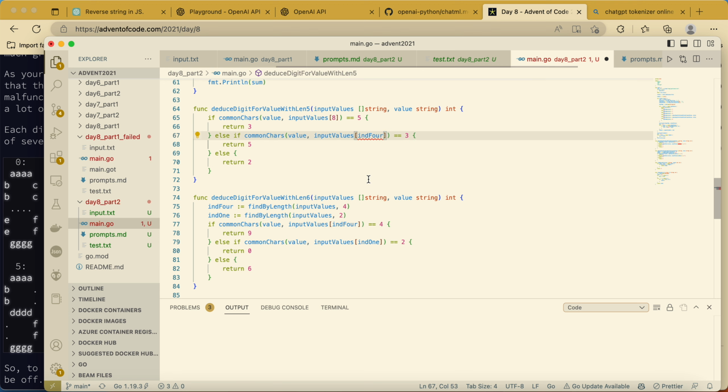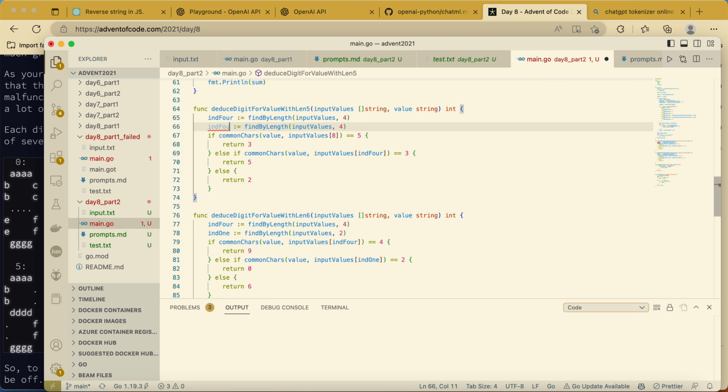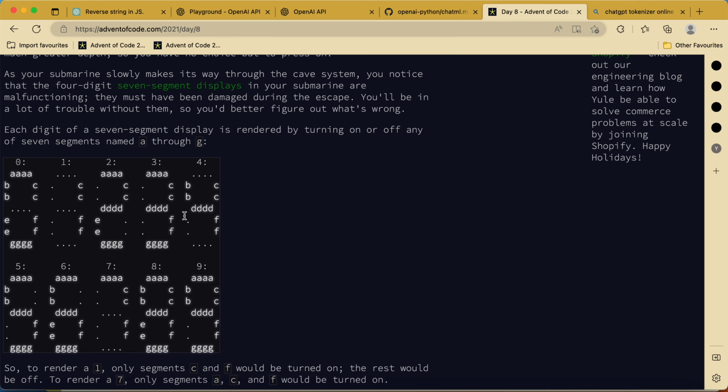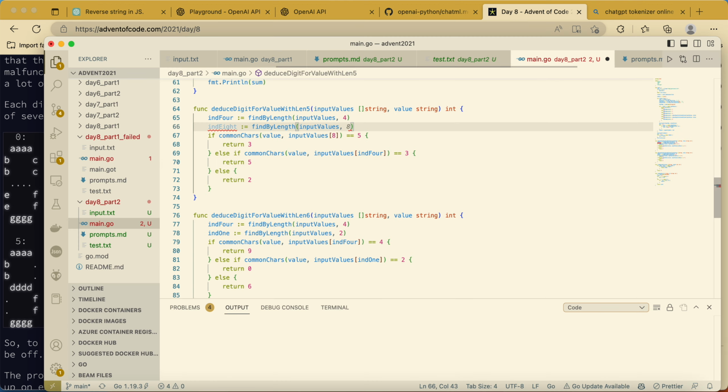Here again, index 4. And that's 8. Oh, one second, that should be 7. Yeah, sorry about that. 8.